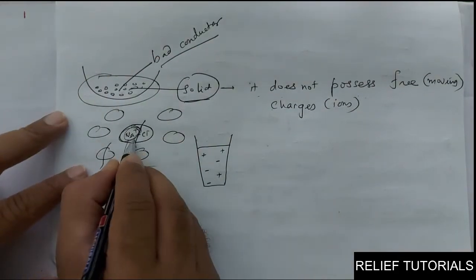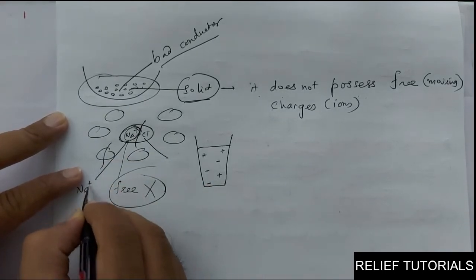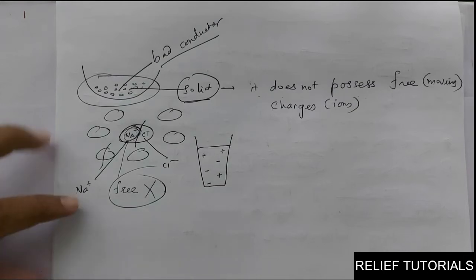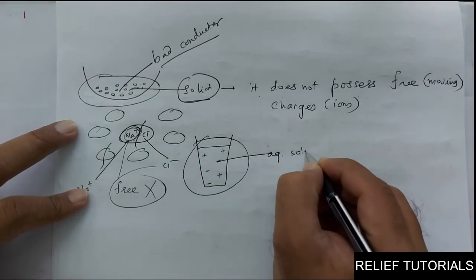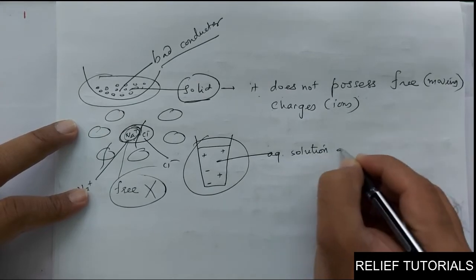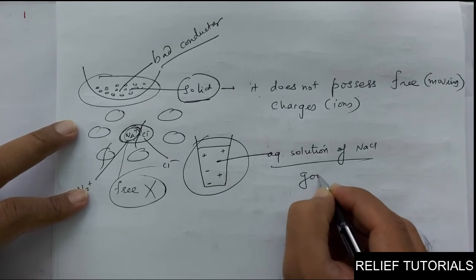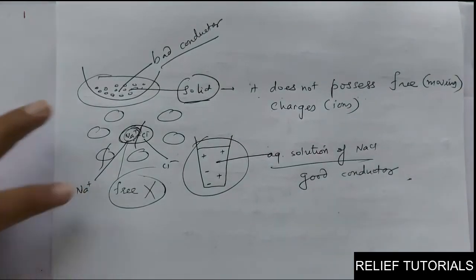The bond is broken, and Na plus and Cl minus now become independent, meaning they are free to move from one place to another. This is called the aqueous solution of NaCl, and it is a good conductor of electricity.